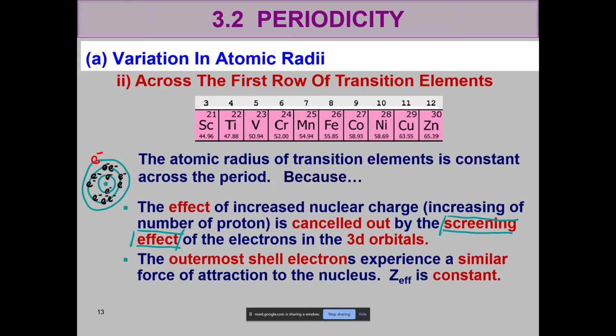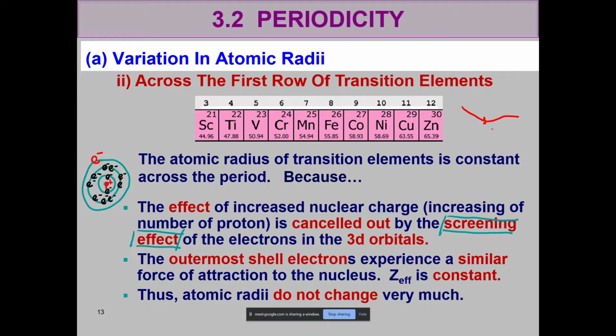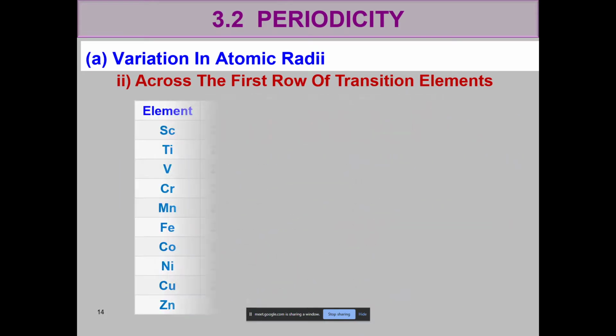Okay, the elektron tengah dalam ni semua dia conquer semua kasih sayang proton tu. So proton ni tak dapatlah nak rasa elektron yang kat luar. So that's why it is cancel out by screening effect. Okay, so that's why kalau you guys tengok the graph tadi, the atomic radii tak change much.